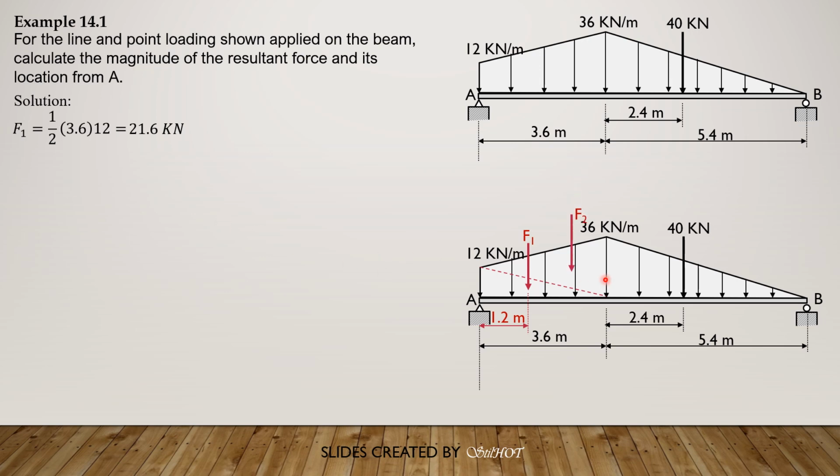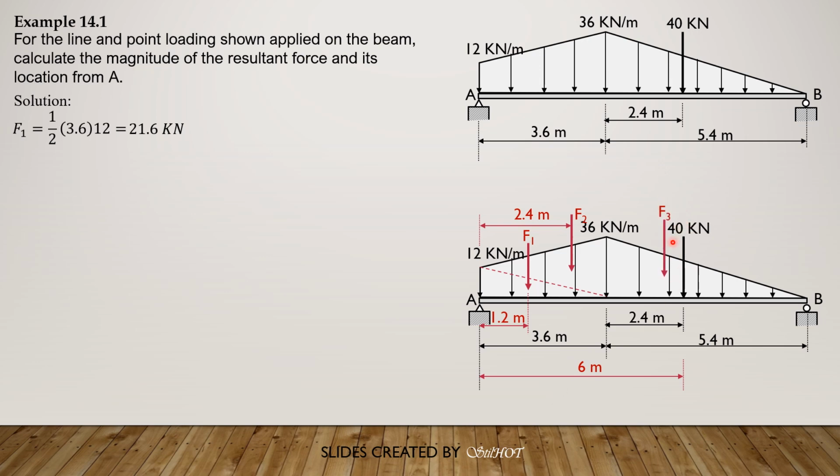For F2, its distance from the left is 2/3 of 3.6. So that's 2.4. And F2 is the area of this triangle, 1/2 of 3.6 times 36. Distance of the 40 kilonewton load is 2.4 plus 3.6, so that's 6 meters.